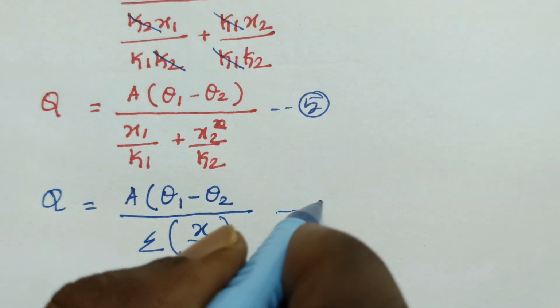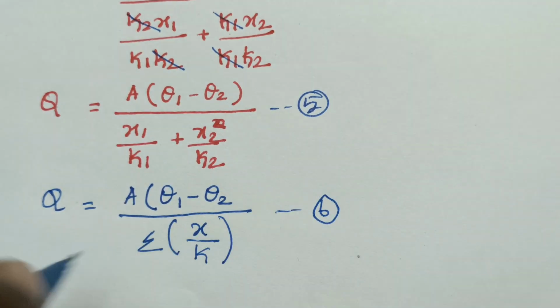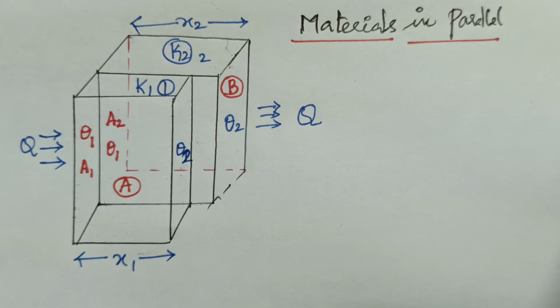This is equation number 6. This general equation for n number of slabs, you can use to find the thermal conductivity of a compound medium. Already we have discussed the materials in series: Q is equal to A into theta 1 minus theta 2 divided by summation of x by k.